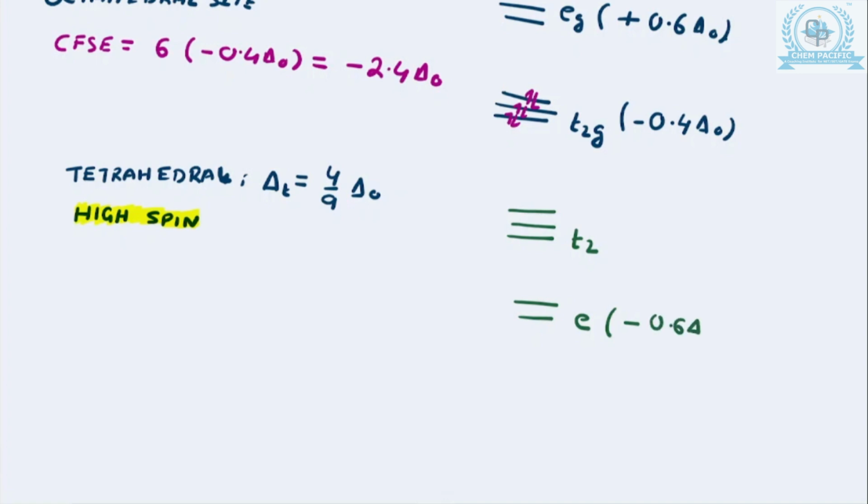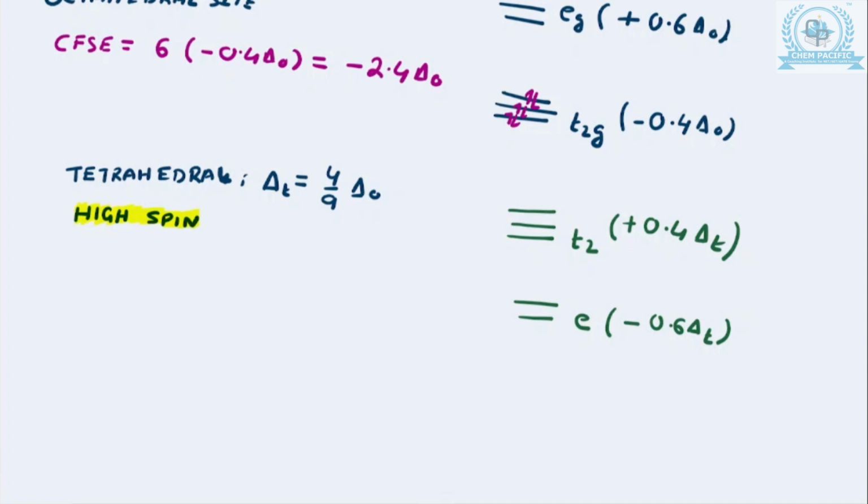Keep it in your mind, this is delta T. ठीक है, दिस इज वेरी वेरी इंपॉर्टेंट. स्टूडेंट्स यहाँ पे बहुत गलत करते हैं. और ऊपर जो है, इट इज अबव द बैरीसेंटर, सो इट इज कंटेनिंग द प्लस साइन, इट इज प्लस 0.4 delta T, नॉट delta 0, बिकॉज delta 0 ऑक्टाहेड्रल कॉम्प्लेक्स में होगा, नॉट इन द केस ऑफ द टेट्राहेड्रल कॉम्प्लेक्सेस.